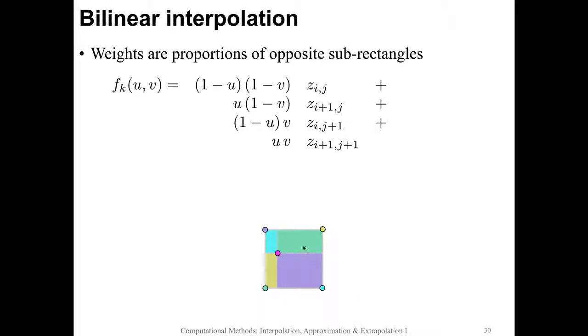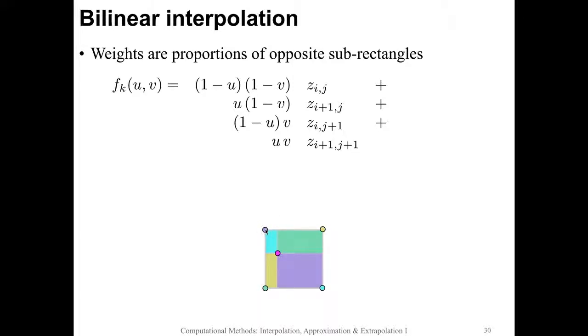And the four sub-rectangles are illustrated by different colors here. So this green sub-rectangle here corresponds to the point that's marked in green here. This blue sub-rectangle here is corresponding to the point here, and this brown sub-rectangle here is corresponding to this point here, and finally the purple sub-rectangle corresponds to this point here.